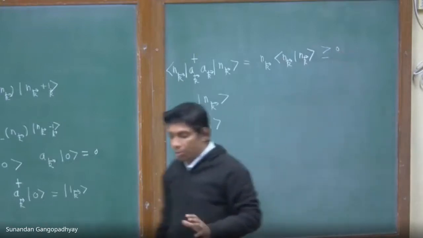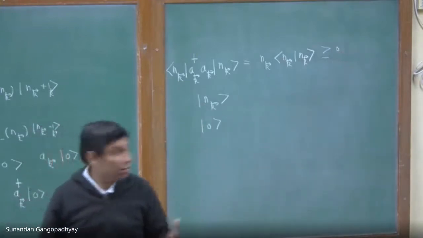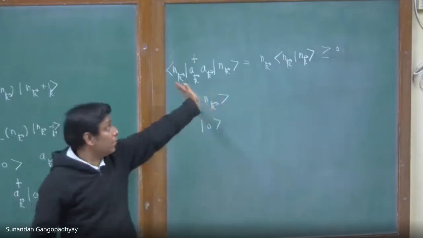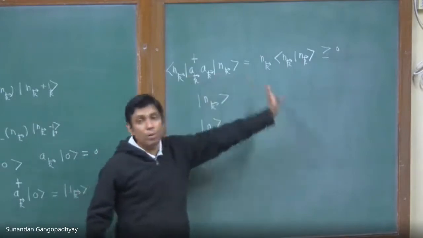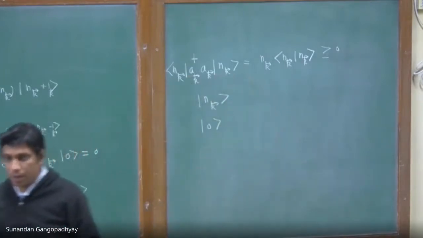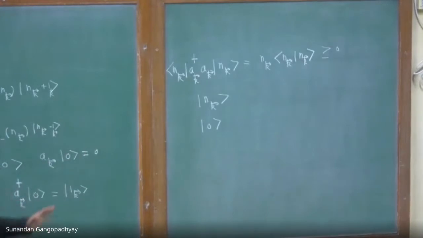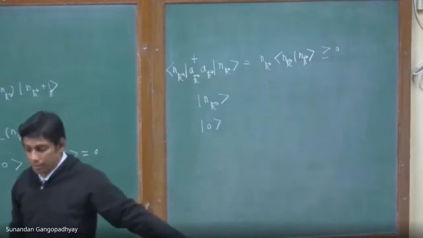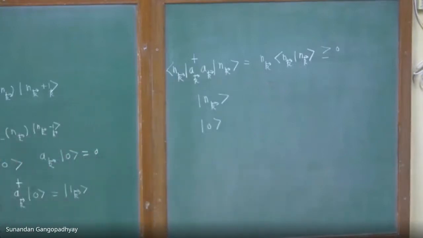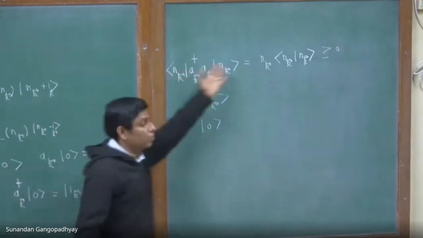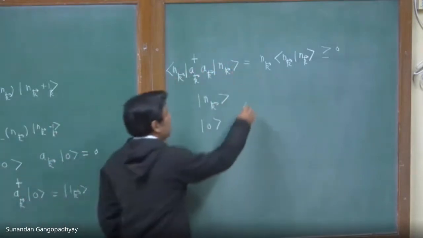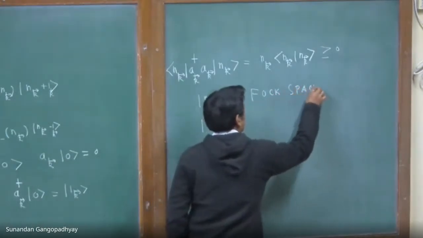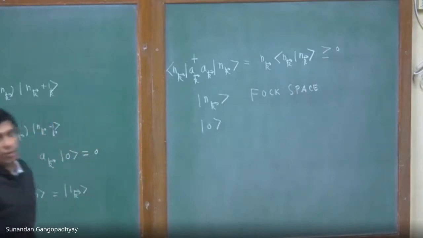So if you need to normalize these states, obviously you can, but you can at least see that even if these states are not normalized, the norm of these states is positive definite. Therefore, these states really form a vector space, and in fact, this forms a Hilbert space, and the Hilbert space that you get out of these number representation states is said to be the Fock space.